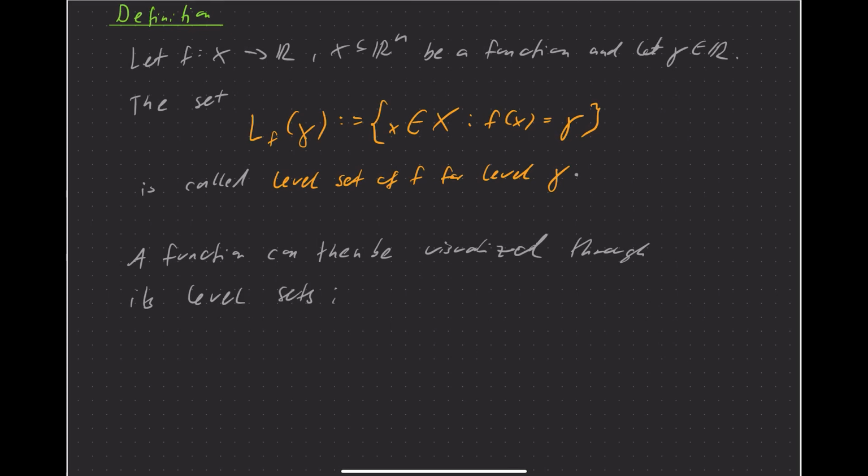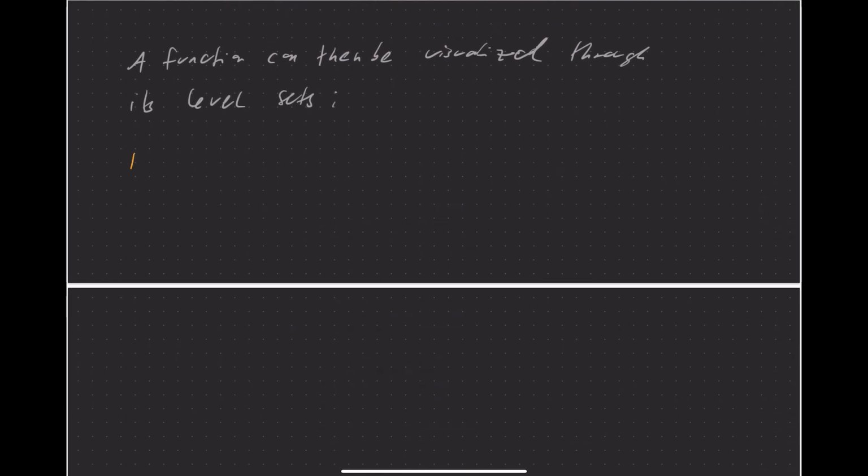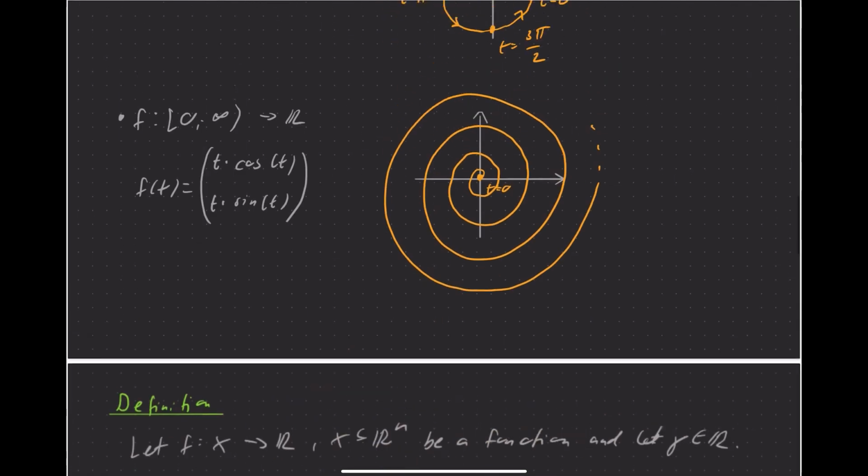So as an example, again, consider the function that we had before, the quadratic function. f(x1, x2) is x1 squared plus x2 squared. You do remember how the graph of that one looked like. Let me just copy that here.